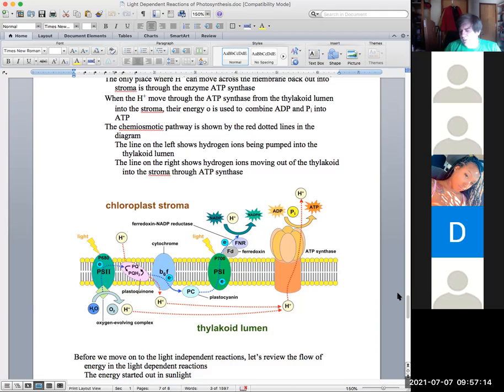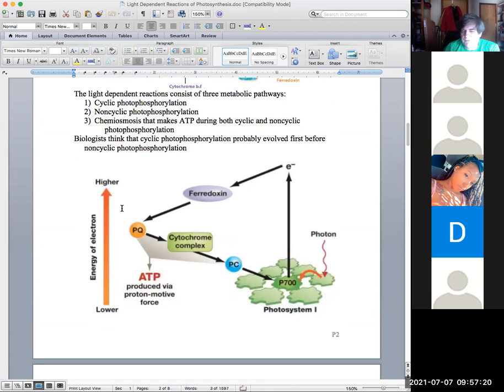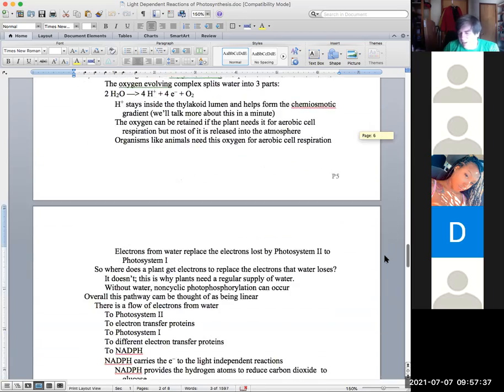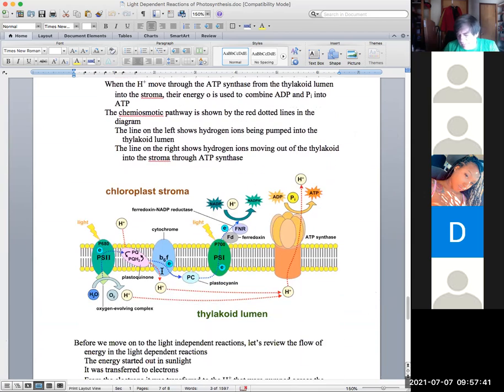Well, remember when we looked at cyclic photophosphorylation, one of the things that this diagram really emphasizes is electrons have more energy at the beginning of this process than they do at the end. Okay, seems like a waste to let all that energy just dissipate into the environment. So how can we avoid that?